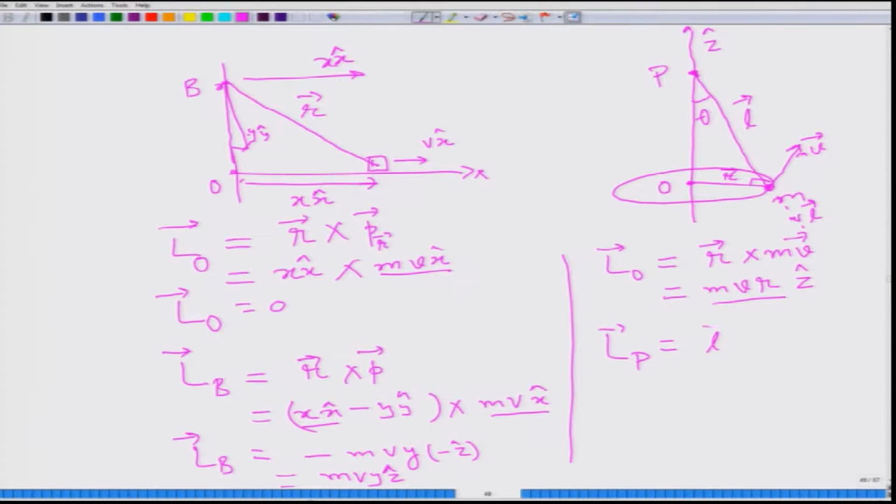So the angular momentum is L cross mv. Now you can write this as m v l, and the direction will be perpendicular to this plane.